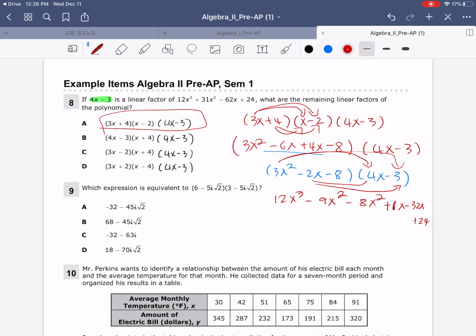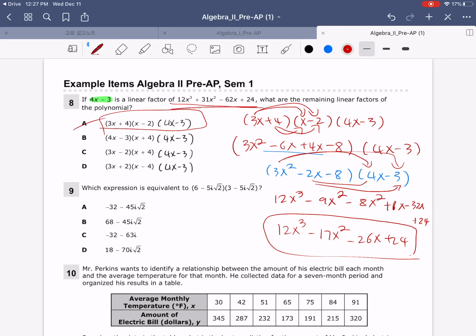And if you simplify this, that's going to be 12x cubed minus 17x squared minus 26x plus 24. So that is what you got for A, and it does not match with this. So it's not gonna be A. You can find the answer like this by trying B, C, and D. So if you actually have this on your ACP, and you feel like you cannot factor it, that's one way, but I believe they are not gonna give you a question like this because this is way too much.